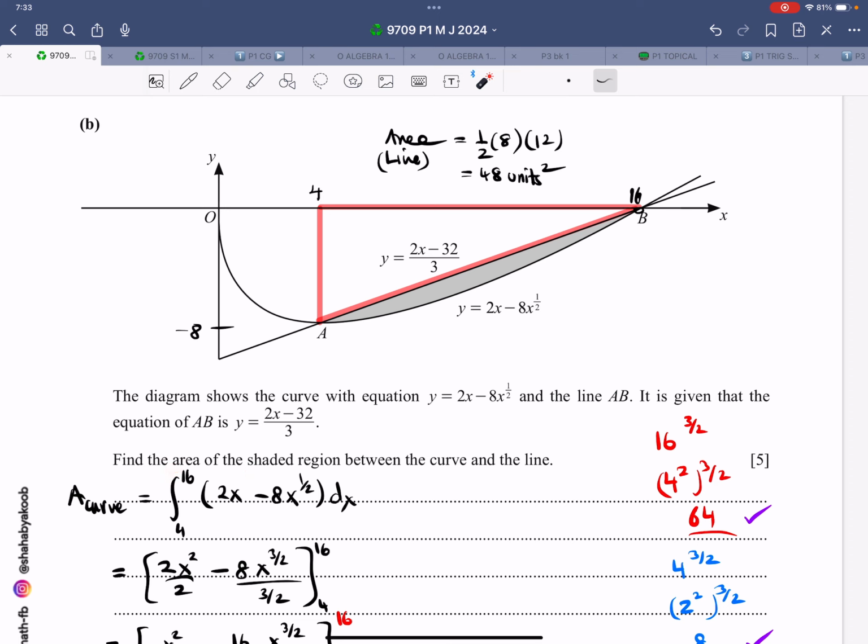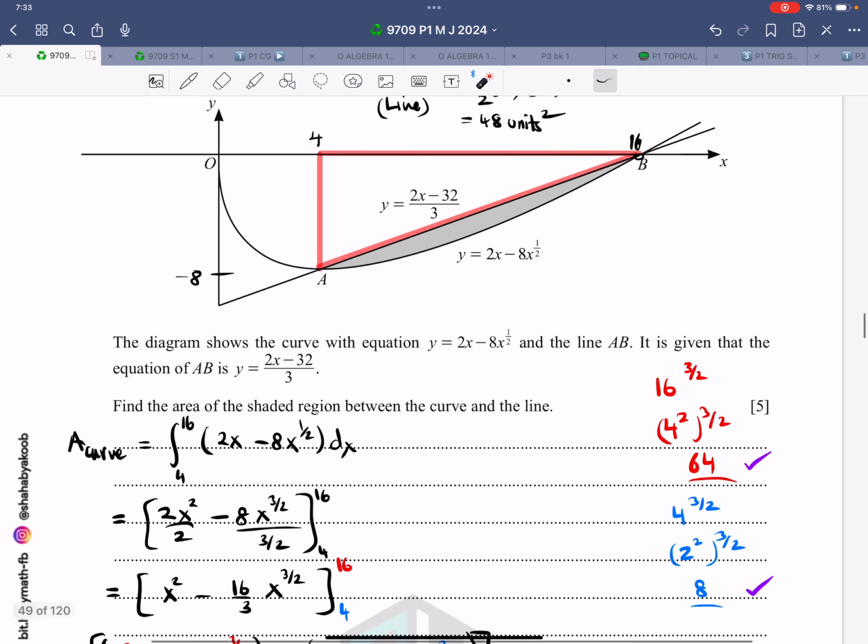So now the integration process, it gives you what? It gives you the area under the curve all the way till the x-axis. Now if I apply these two limits, that is 4 and 16, it will give me this shaded area plus this crossed out area also, which is a triangle. Keep that in mind.